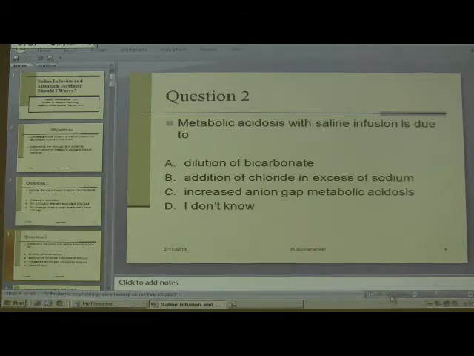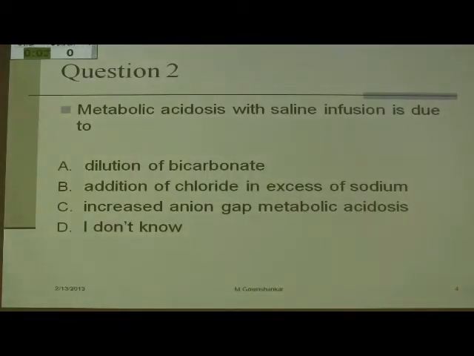All right, so my second question to you is, if you did develop metabolic acidosis after someone has had a large volume of saline infusion, what is it due to? So you have your choices. Please make your selections.